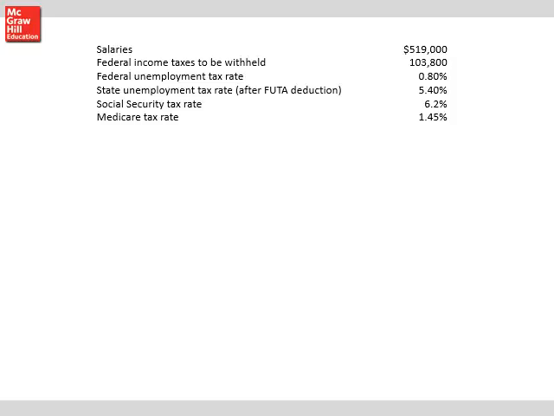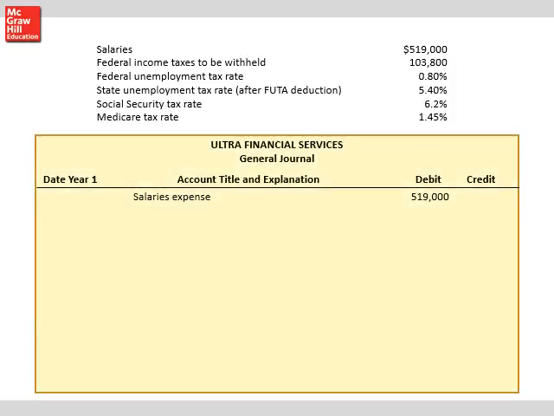Okay, so we're going to have salaries expense for the full $519,000. That's going to be our debit. Our credit is going to be for withholding taxes payable, for the federal income taxes. Those are trust fund taxes that we owe to somebody else, the federal government in this case.